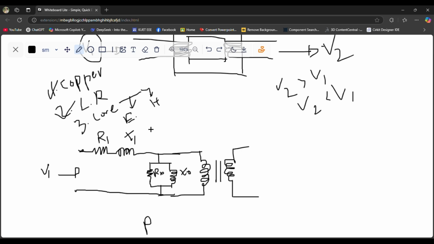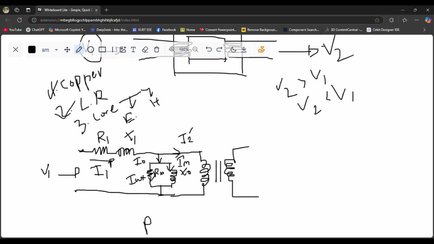When this transformer comes into performance, there will be a current flow through this circuit. Let's say this primary circuit takes I1 current from V1 voltage, and I1 will be further divided into two components, that is I2 prime and I0, and this I0 will further be divided into two components, IM and IW.